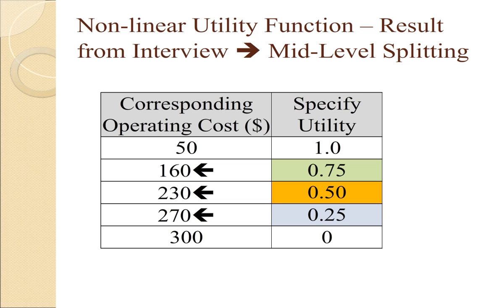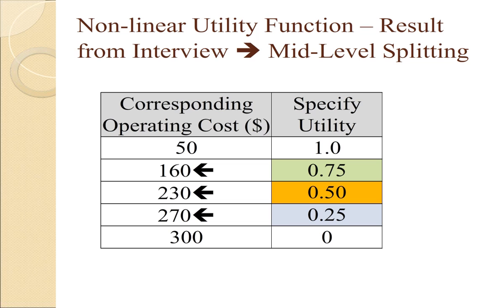And similarly, maintaining the same shape, from 230 to 50, you improve the utility score from 0.5 to 1, but you get most of that benefit by just going from 230 to 160, which is a drop of 70, and then the continuing drop from 160 to 50, which is a drop in cost of 110, only generates an additional 0.25. This is a formal process that one would learn how to do through an interview.